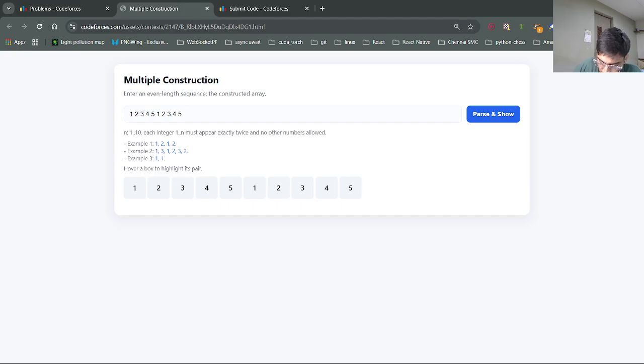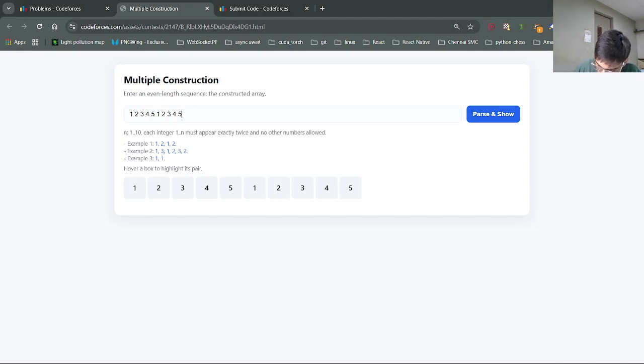So I'll put first 3 and I'll put 1, 2, 3. Okay, and then I'll put a 2 in every 2. So 2 comes here and 1 comes here. Okay. Let's try this with 5, 1, 2. Or let's try this with 4 probably.